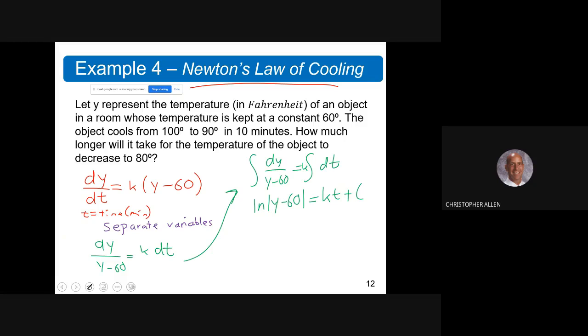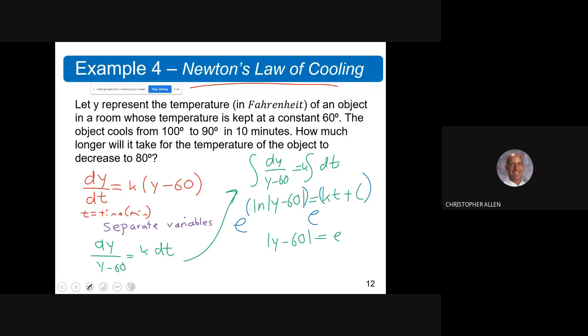So, how do I get rid of the natural log? Exponential. So we're going to exponentiate both sides. We're going to e this side, we're going to e that side. Guys, what happens to the e and the ln?